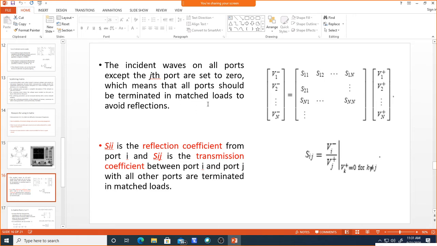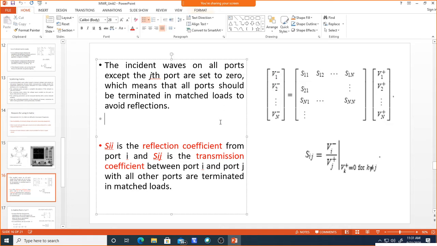If you terminate with the matched load, what will happen is, the energy which is coming into that particular port is absorbed by the matched load. So what exactly will this matched load do?